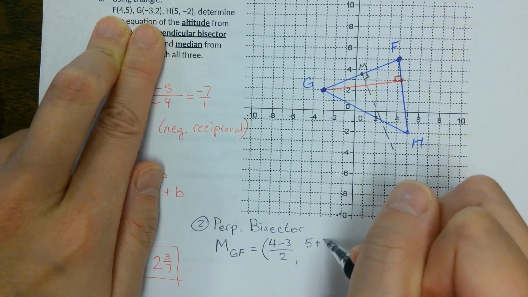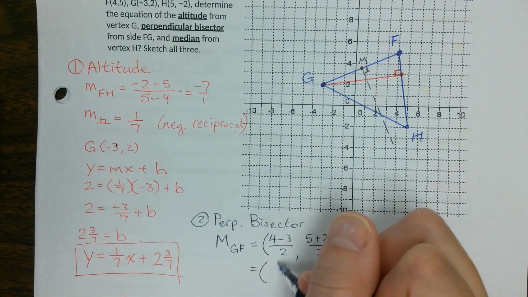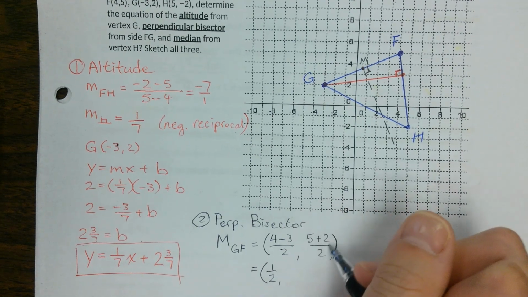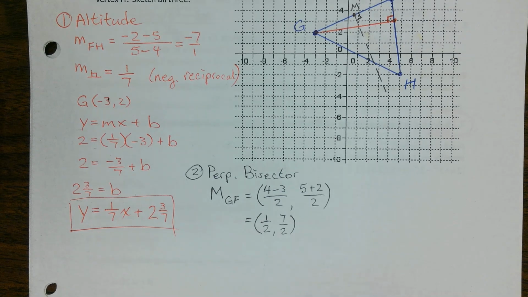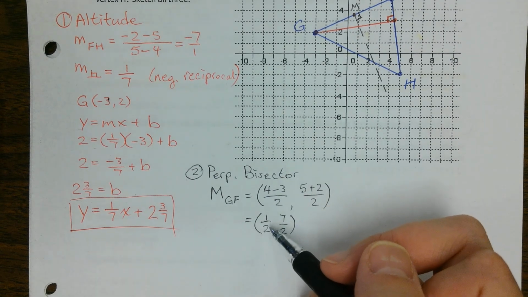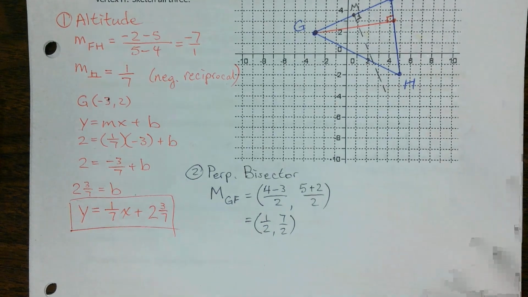Y1 plus y2 divided by 2. So this is 1/2, and this is 7 over 2. Okay, and it looks right. So 0.5 and 3.5. Yep. Right, looks good.